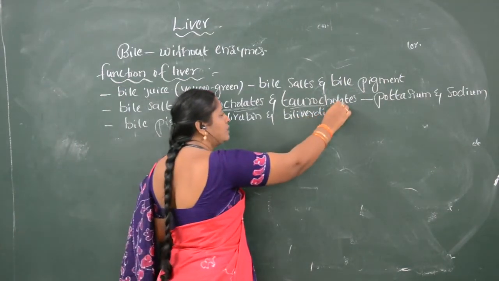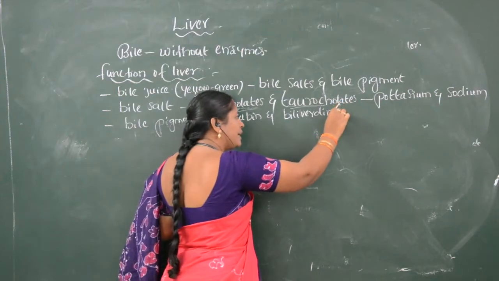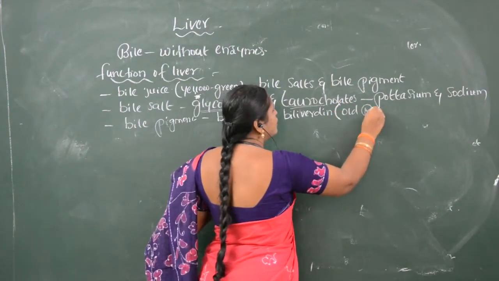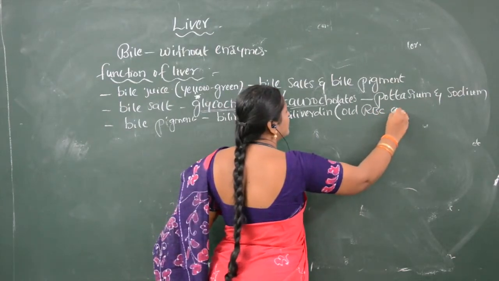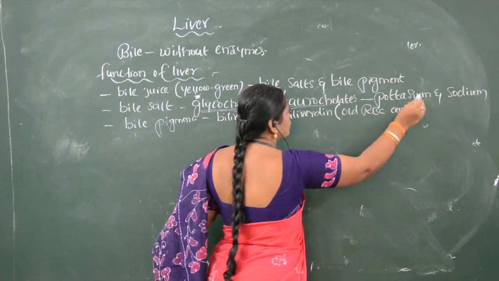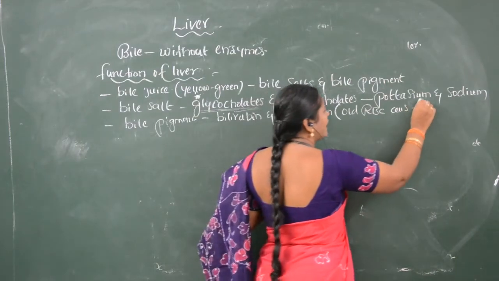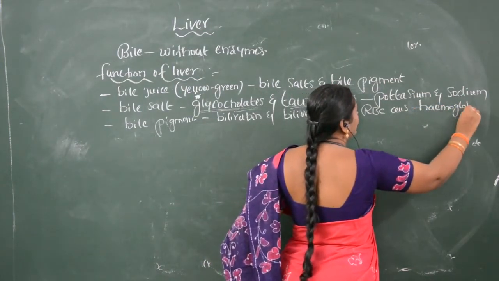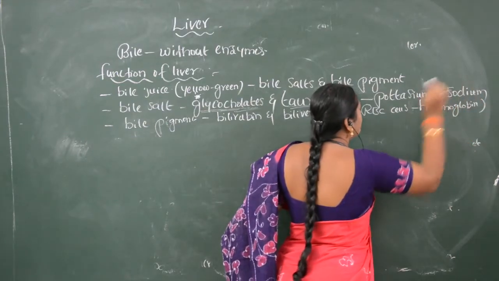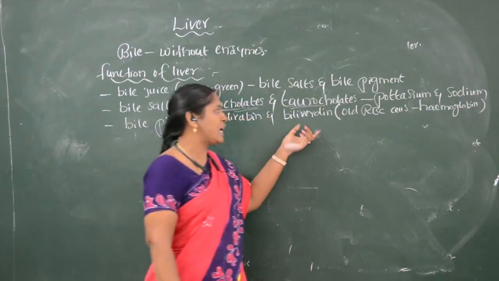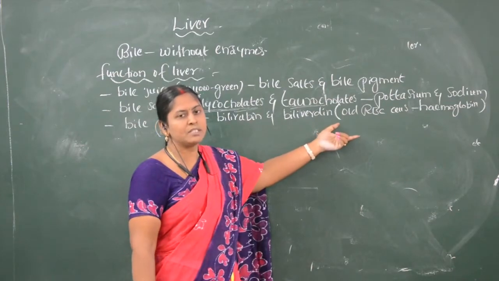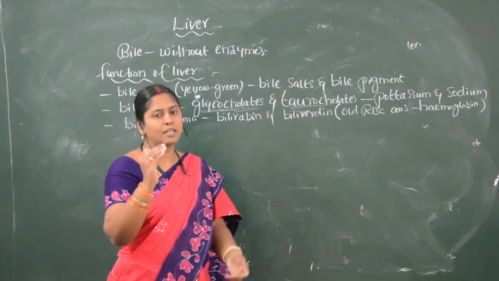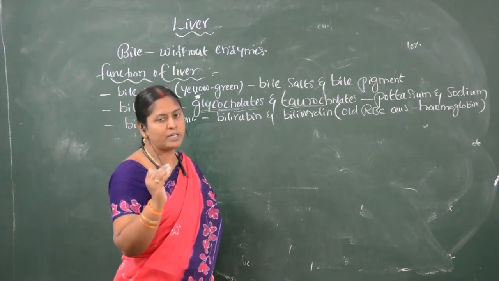Bilirubin and biliverdin are produced from old RBC cells, that is, from hemoglobin. Why old RBC cells? Already we have seen in lower classes that the life cycle of RBC is 120 days.